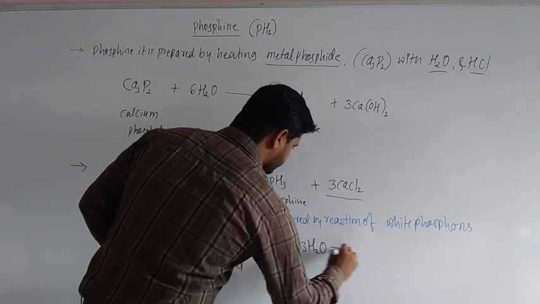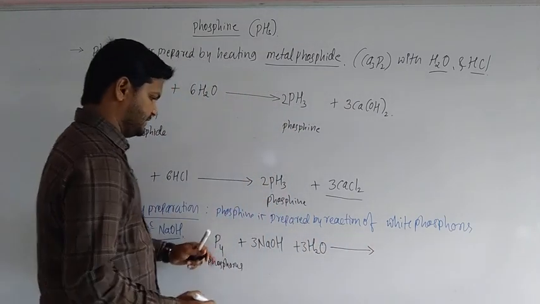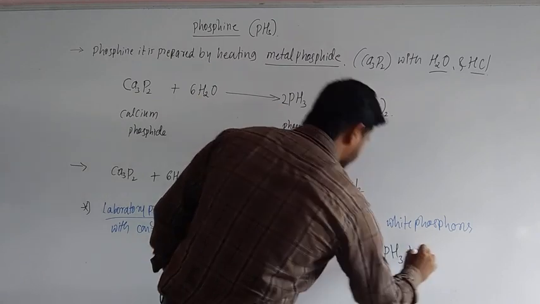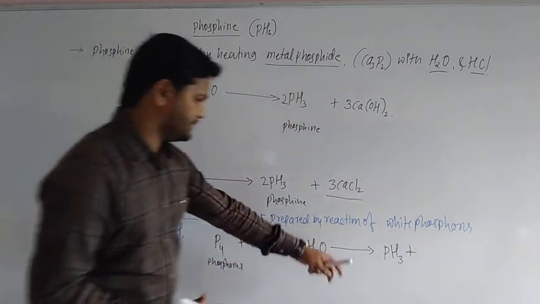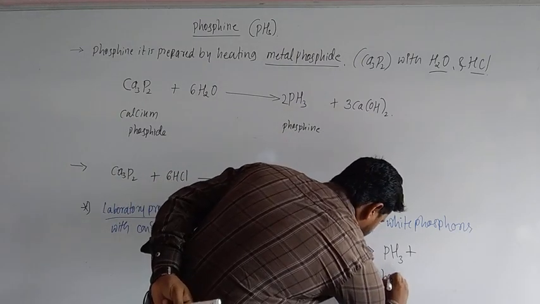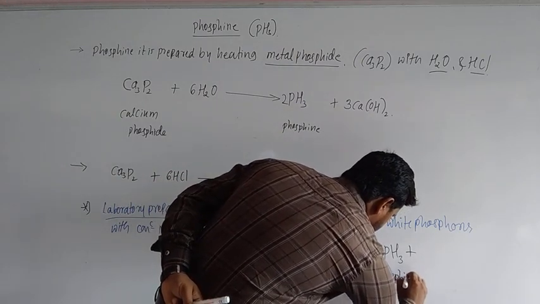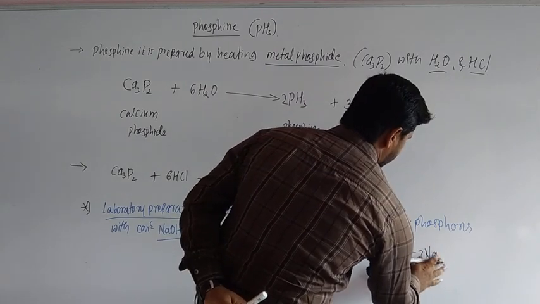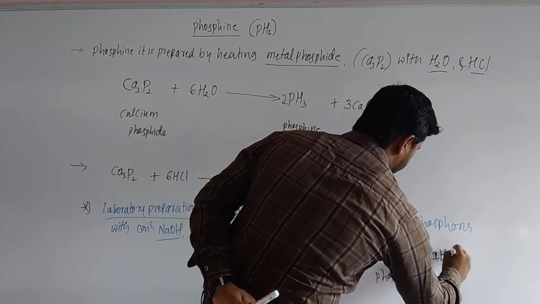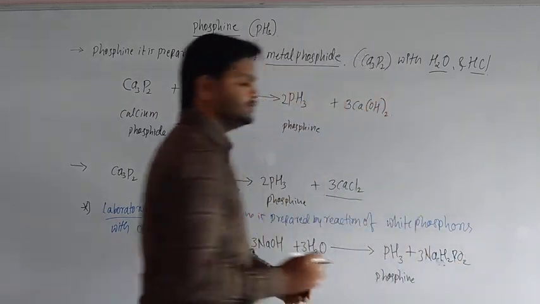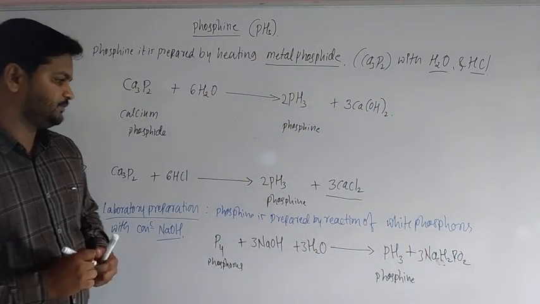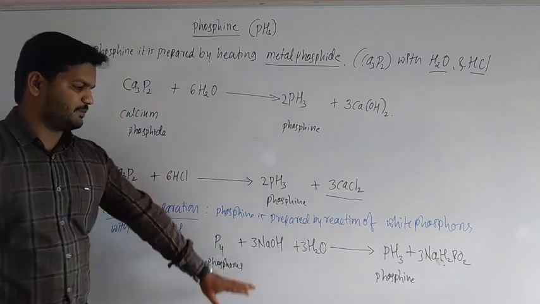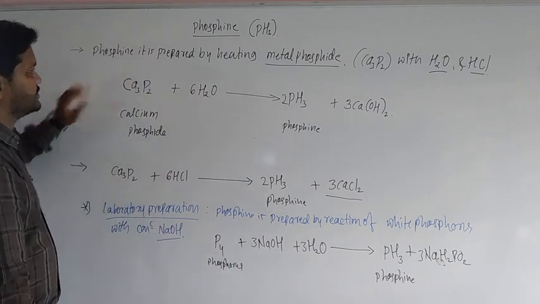It gives phosphine, PH3, and 3NaH2PO2, sodium hypophosphite. So this is the laboratory preparation of phosphine.